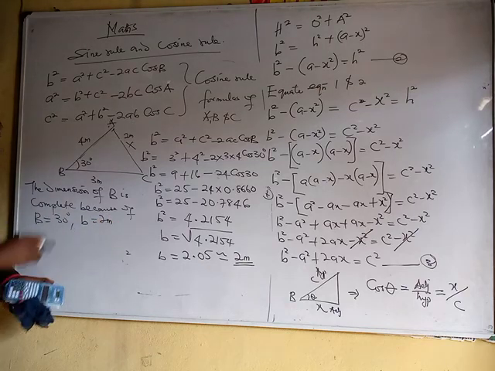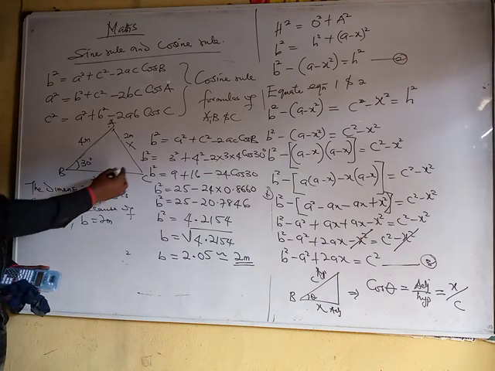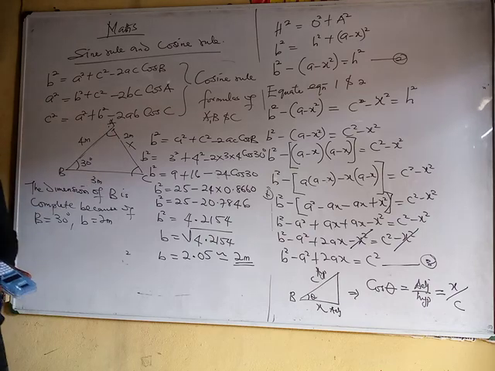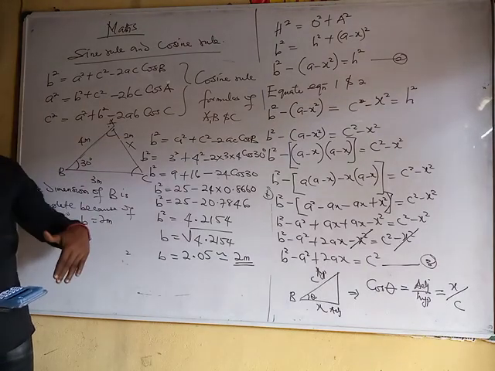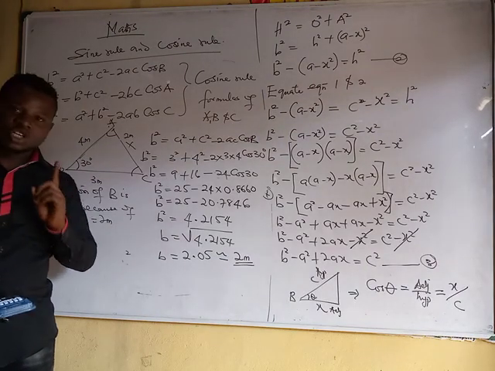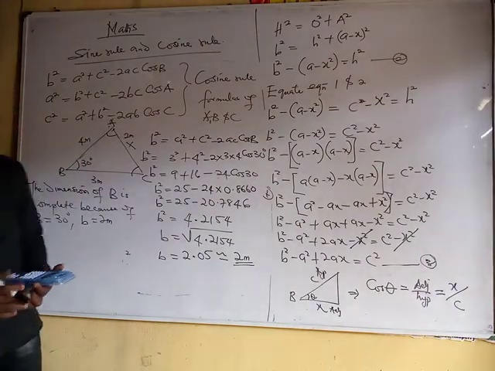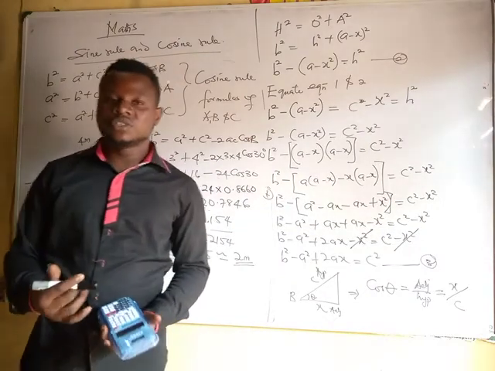Now, since the dimension is now complete, then to find other dimensions like this and this, we are going to use the sine rule formula. Remember, we said we use the sine rule formula when one dimension is found to be complete. So we are going to talk about the sine rule formula in our next video.